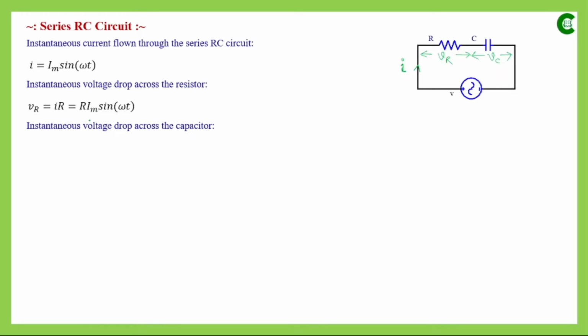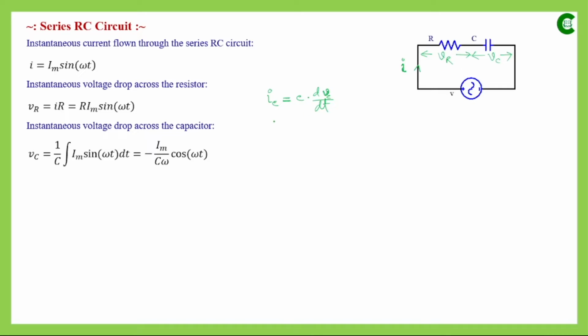Next we will find out the instantaneous voltage drop across the capacitor. Now we know that the current which flows through the capacitor, that we have already seen in the previous slide, is C multiplied by dvC by dt.